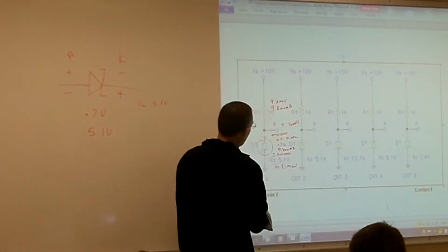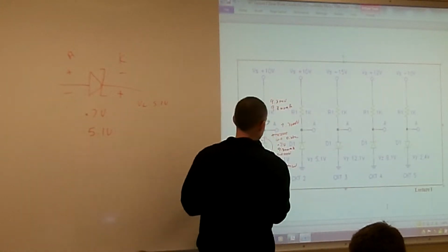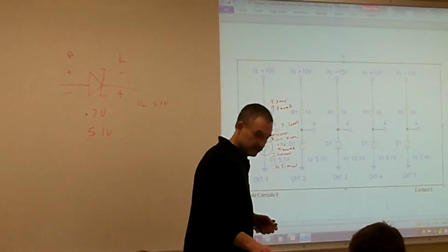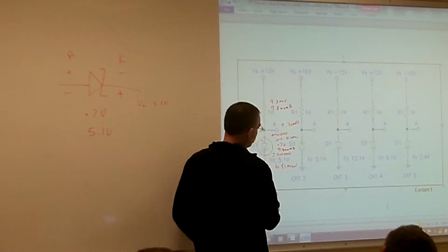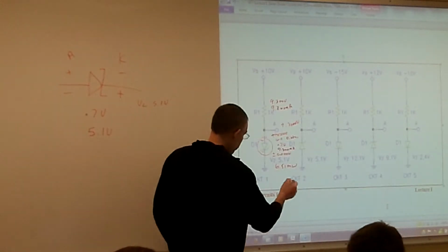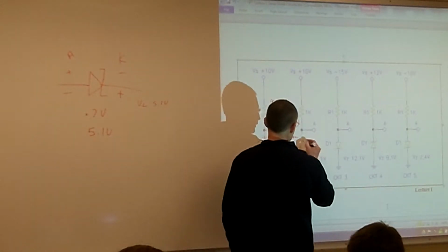All right, now circuit number 2. Our first step is to circle the active component and put in our polarities.